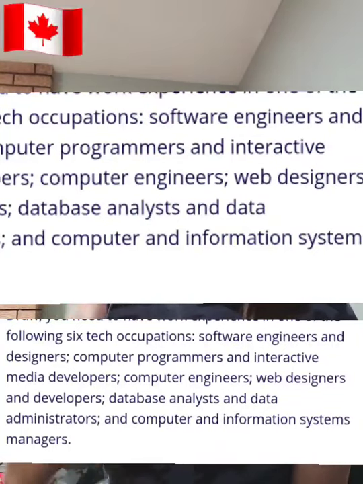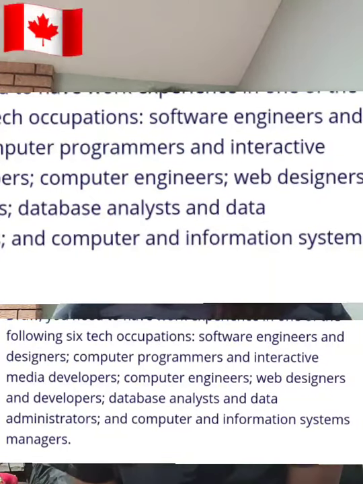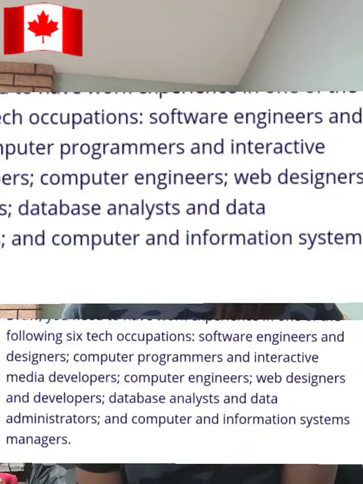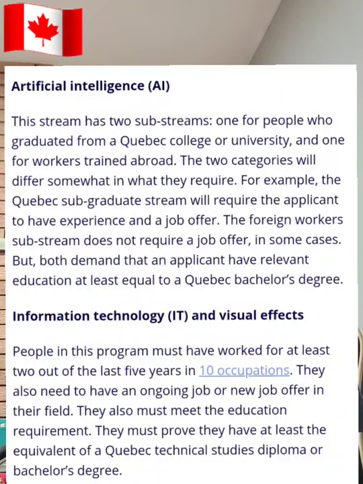So you can see the occupations here: software engineers and designers, computer programmers, interactive media developers, computer engineers, web designers and developers, database analysts and data administrators, and computer and information system managers. So that's all about Ontario Tech programs.